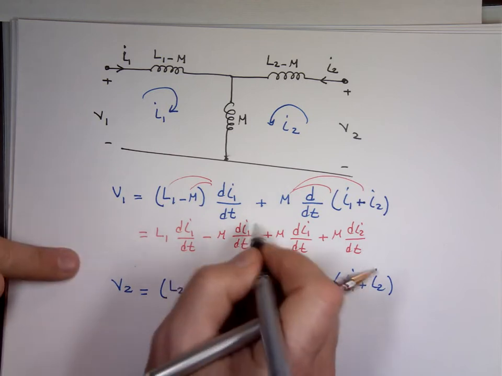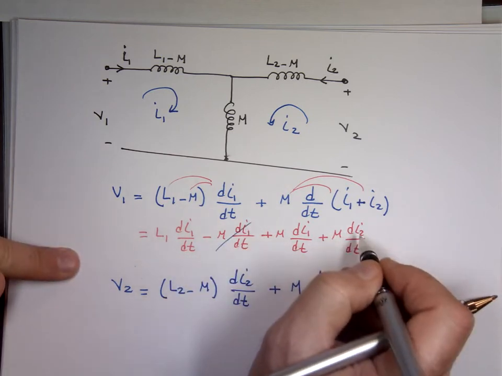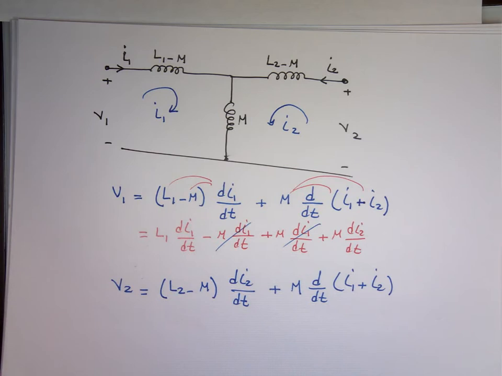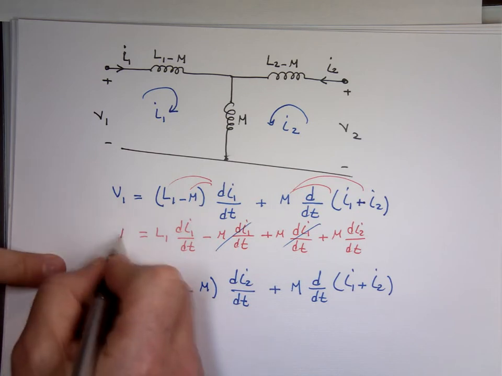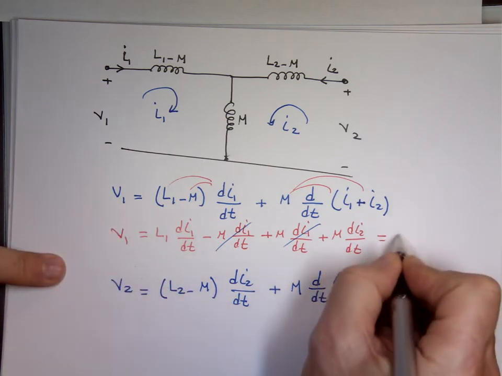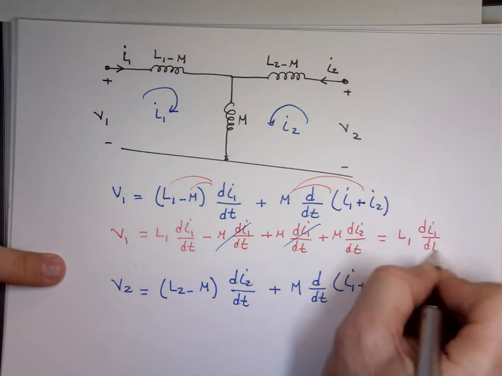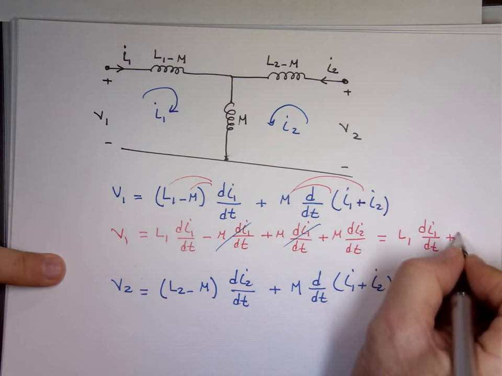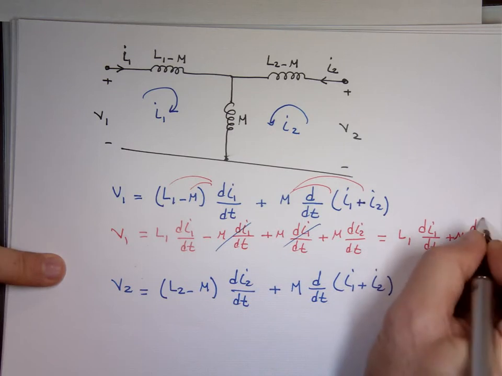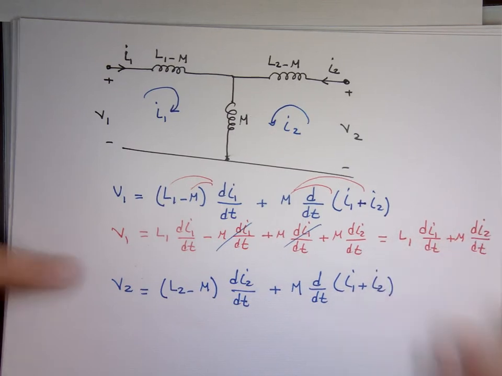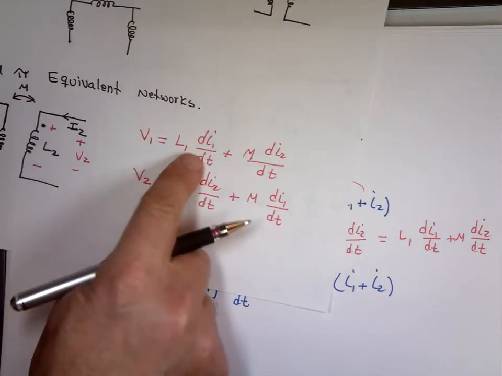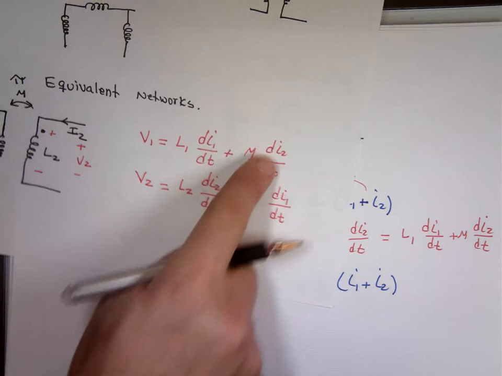Are you sure? Chris already noticed that, you know what? That's the same equation as the one before. That's what we got before for V1. L1 di1 dt plus M di2 dt.